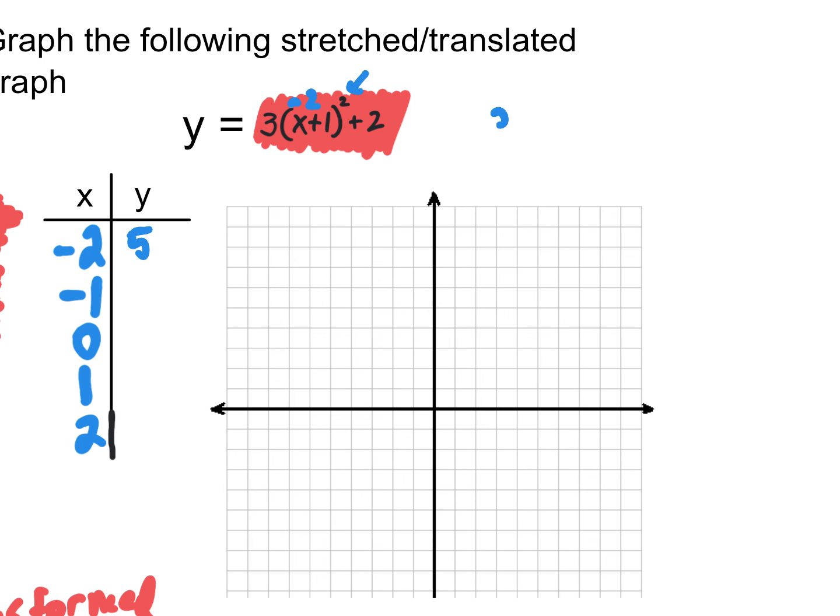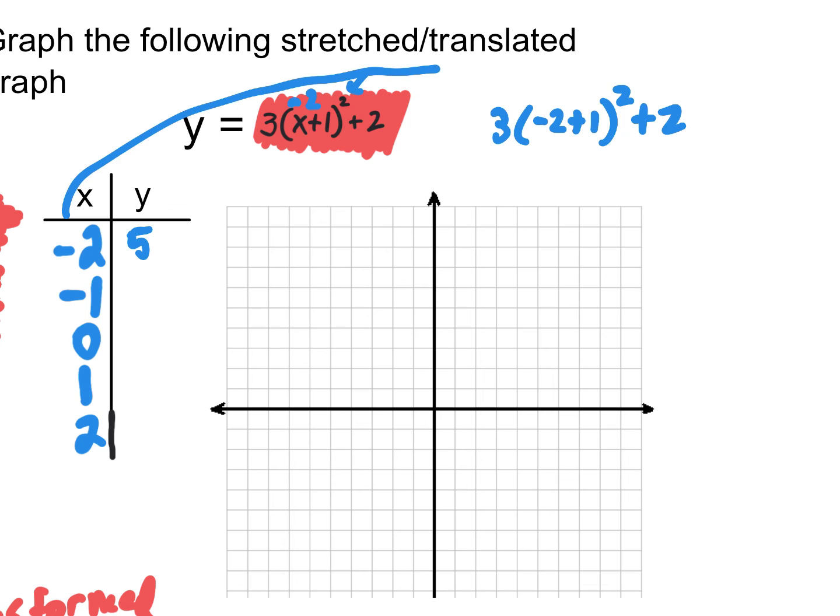Again, if you write this out, 3 parentheses, -2 plus 1 parentheses, squared plus 2. That was me putting this -2 in the equation. You have to be able to crunch numbers like this. They're all nice, easy numbers, but there's no calculator allowed in the test. So this one would make -1. I squared it, made 1, times 3 is 3, plus 2 makes 5.